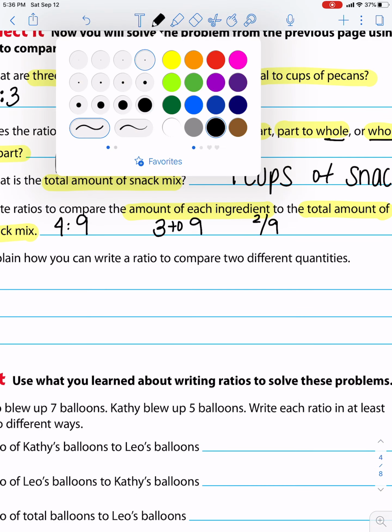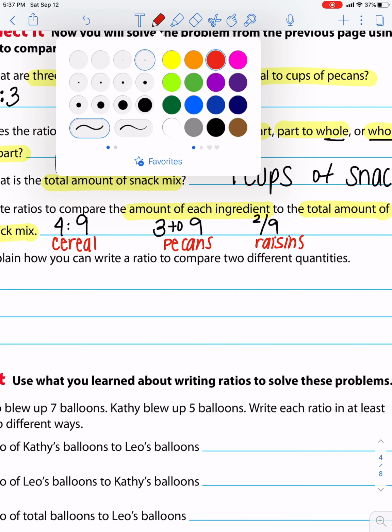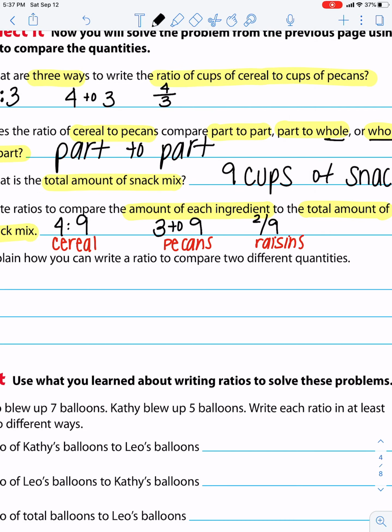So I'm going to just change the color of my font here really fast. This one is cereal. This one is pecans. And this one were those raisins. And remember, it was the part to whole, okay?